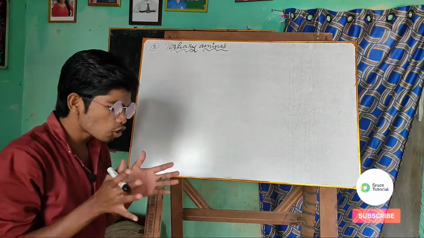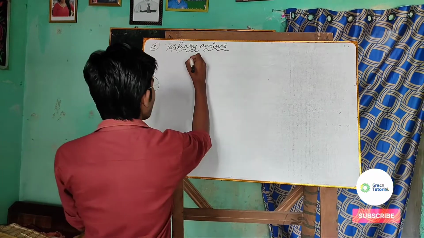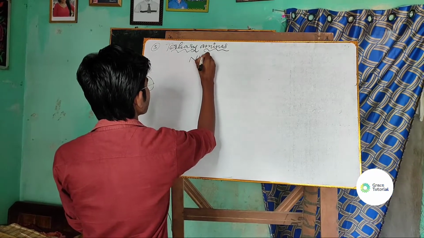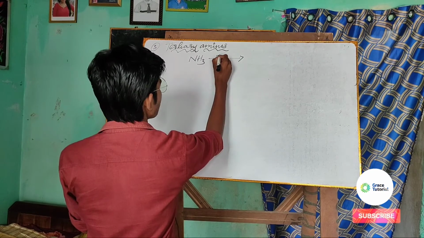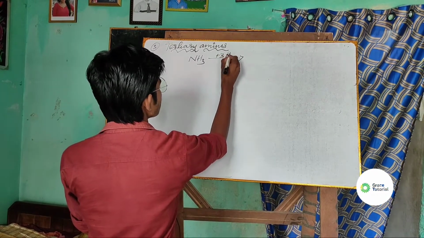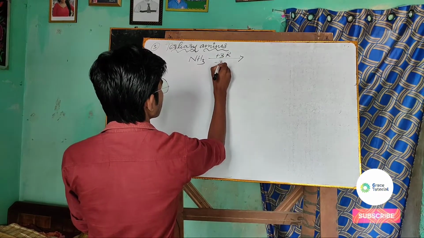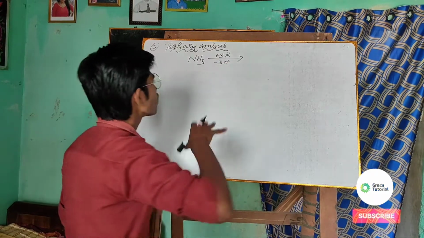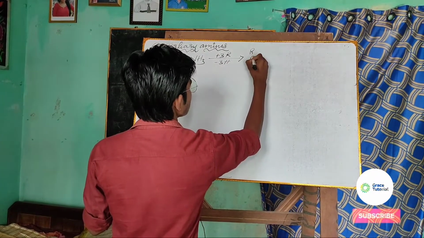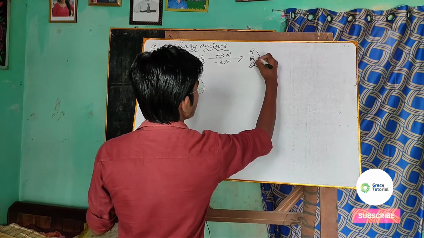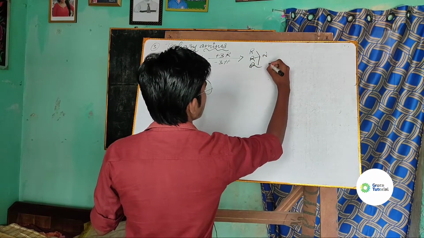So how are the tertiary amines obtained? I have ammonia. If this ammonia is replaced by three alkyl groups, by the removal of three hydrogen atoms, then the product which is obtained is tertiary amine.